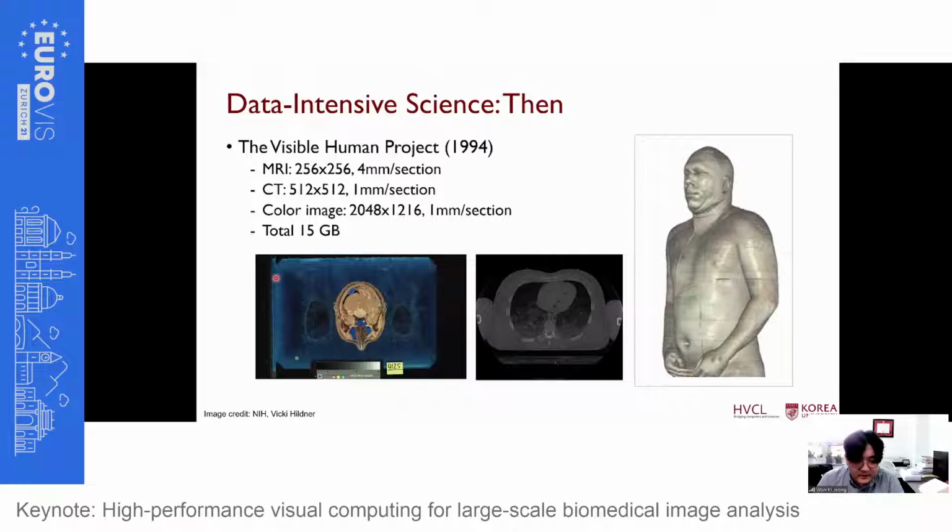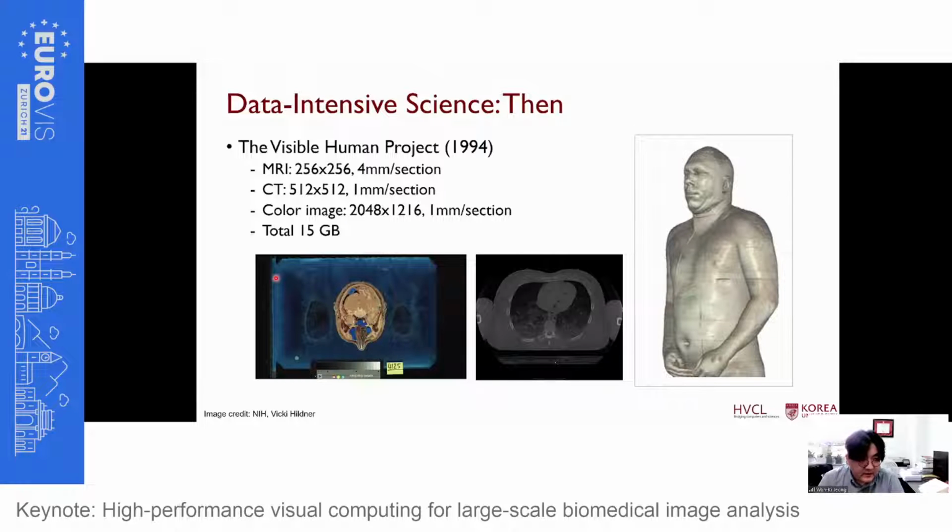The idea is to build a very, very accurate human anatomical model. They accepted two donations, one male and one female, and took very high resolution images from these two donors. They used MRI, CT, and color images.